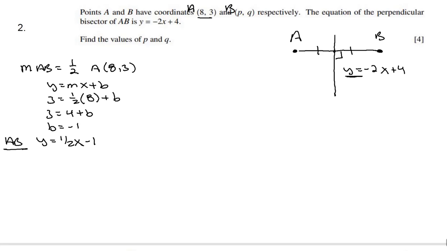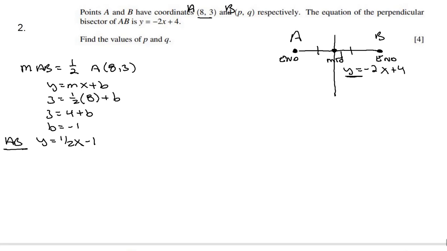So if I find this point right here, that's going to be very helpful in finding this point B. Because if you think about it, this is an endpoint, and this is a midpoint, and this is another endpoint. Being able to use the distance formula and the midpoint formula are very important skills. They also come up along with slope and writing equations of lines. In this case, I'm going to be able to figure out the end, and the middle, and then I can find the other end.